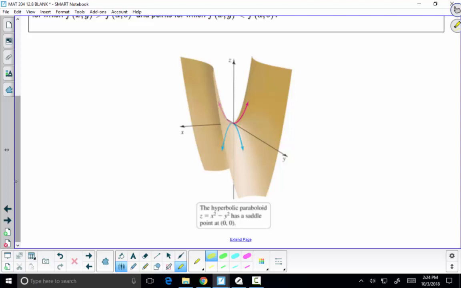So this saddle point has a z value right there. No matter how small you zoom a disk in around that, there's going to be some z values that stick above it and some that stay below it. If for every single disk there are always points above and points below, then it's a saddle point.